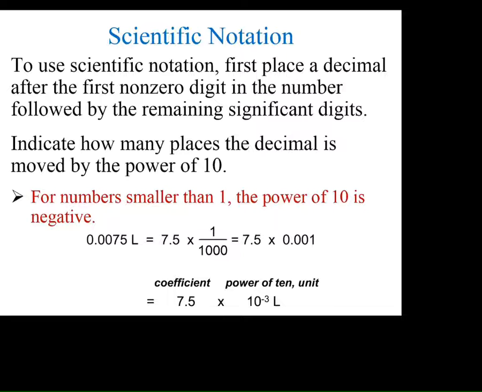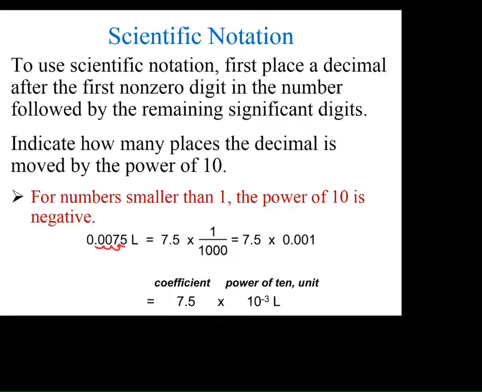So how many times did that decimal have to move from here to get over after the 7? It has to go 1, 2, 3 times, right? So basically this number is being divided by 10 three times to make it smaller.